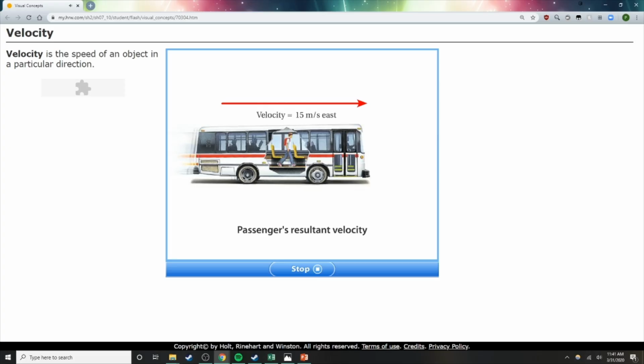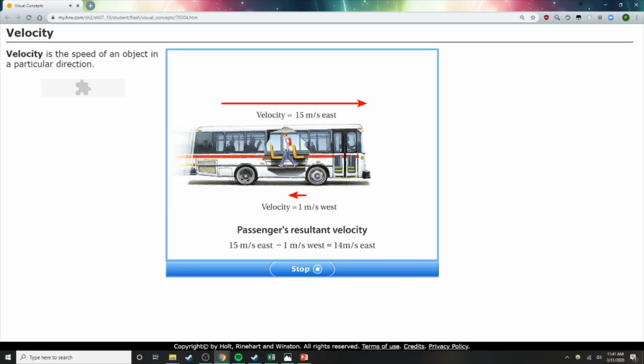If, however, the passenger gets up and walks in the same direction the bus is traveling, the resultant velocity of the passenger is the sum of the velocity of the bus and the velocity of the passenger within the bus. To find the resultant velocity for objects that are moving in opposite directions, subtract the smaller velocity from the larger velocity. The resultant velocity is in the direction of the larger velocity.